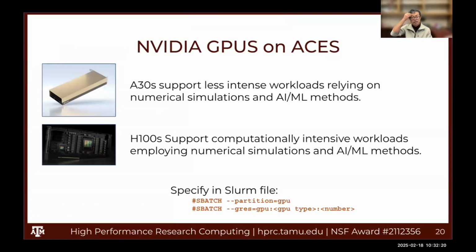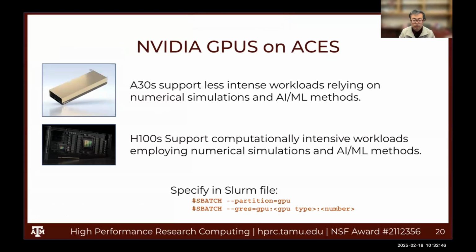So as I said, we have some NVIDIA GPUs on the ACES computing cluster. We have A30 GPUs, but the A30's computing power is not so powerful, so it supports less intensive workflows, such as some numerical simulations and AI/ML models, mainly inference.